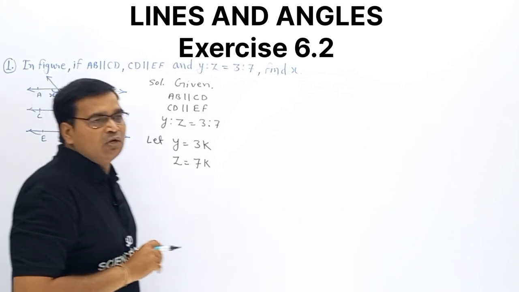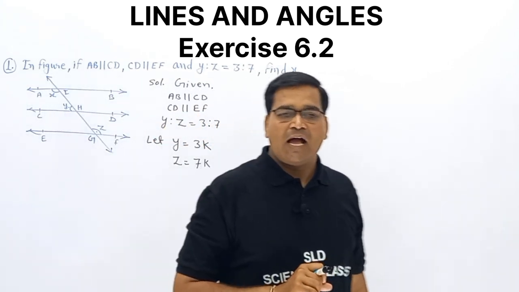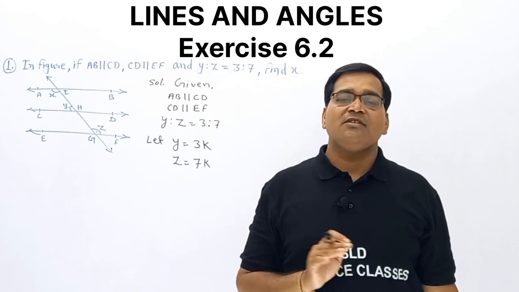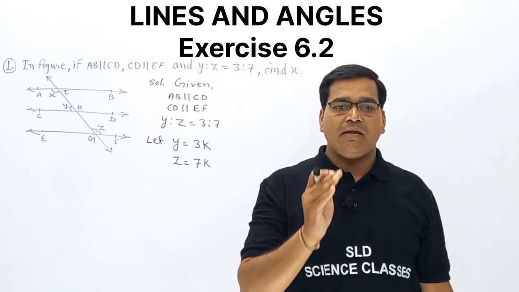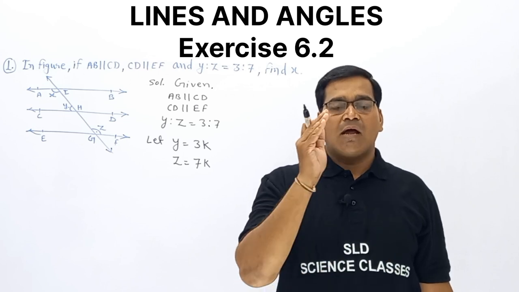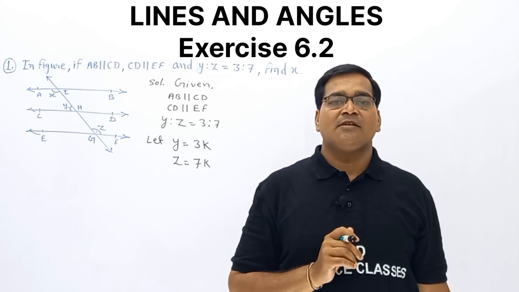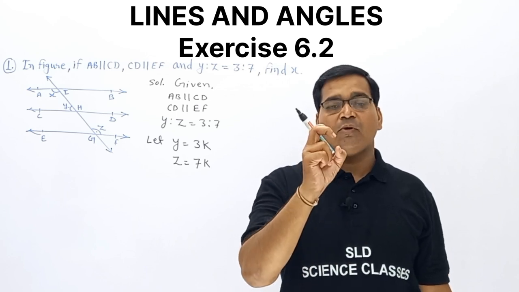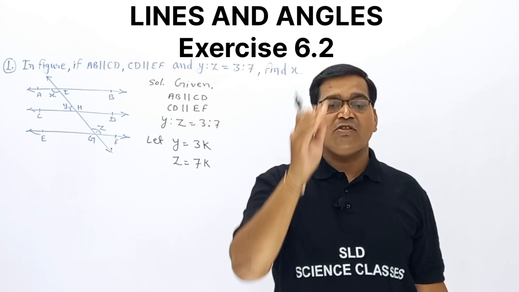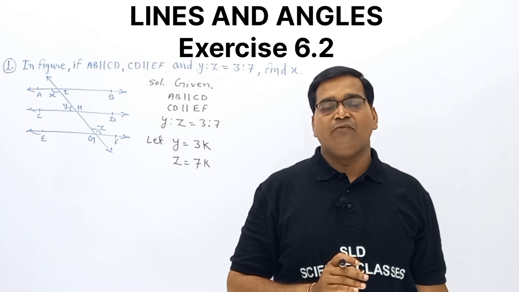We studied that once two lines are parallel and one transversal is there, then we get corresponding angles, alternate interior angles, alternate exterior angles, and the sum of interior angles on one side of a transversal will be what? 180.